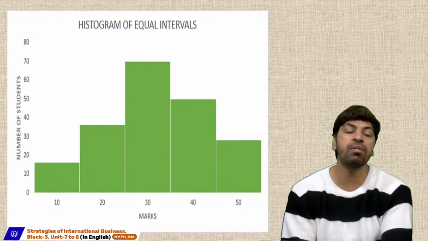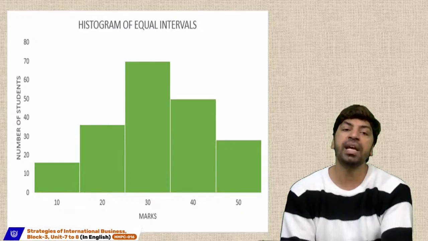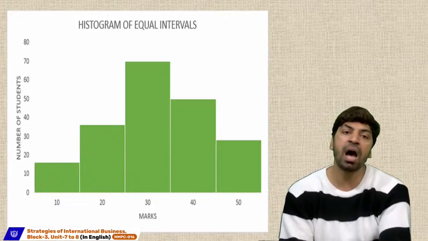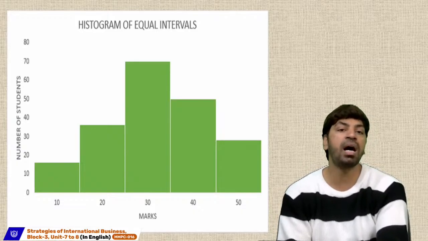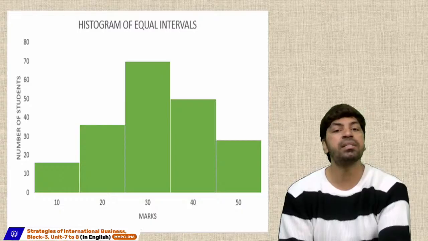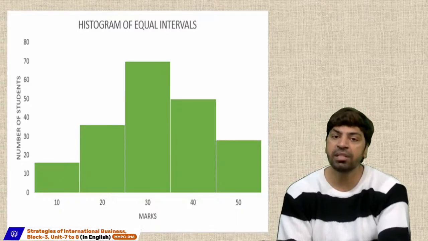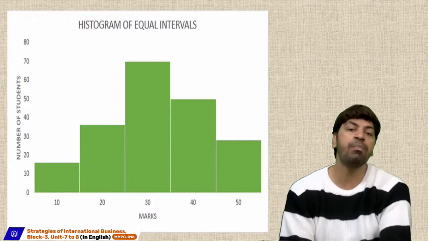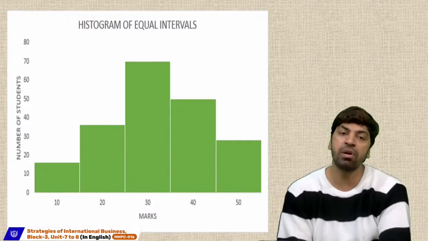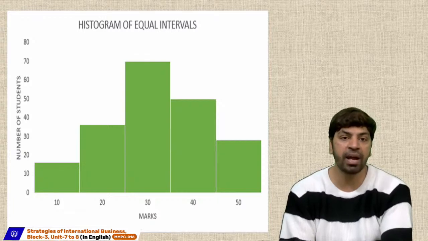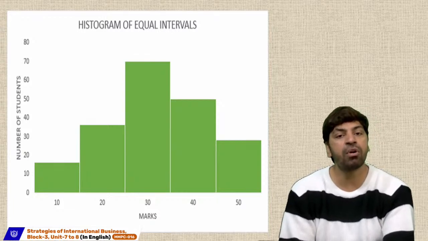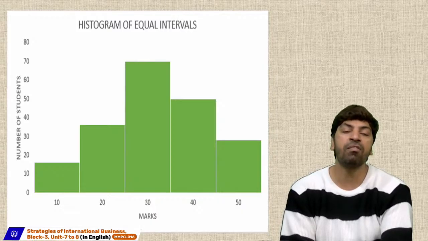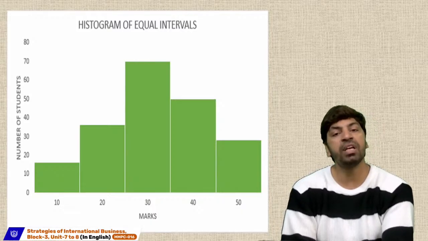If we talk about 0 to 10, then another rectangular bar has to be drawn, that is 10 to 20, then 20 to 30, of equal intervals, where the gap between the bars does not exist in the case of a histogram. You can also color the rectangular bars of equal intervals.